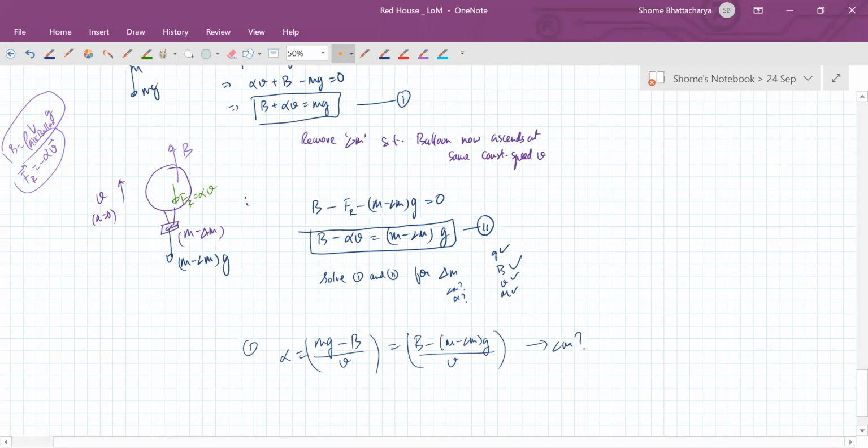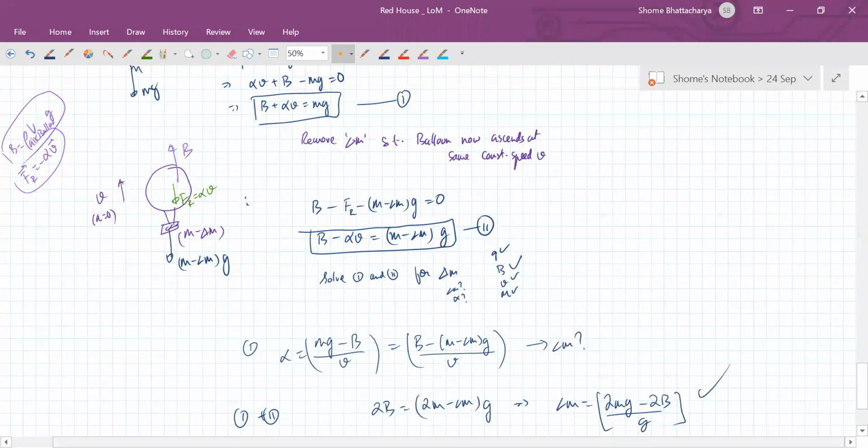Or actually, if you see, you just want to find it in terms of b, so just add equation 1 and 2. Equation 1 plus 2 do it, it will happen automatically. So you get 2b is equal to 2m minus delta m. This is the easiest way of doing this. So your delta m is becoming 2mg minus 2 times buoyant force divided by g. That's it.